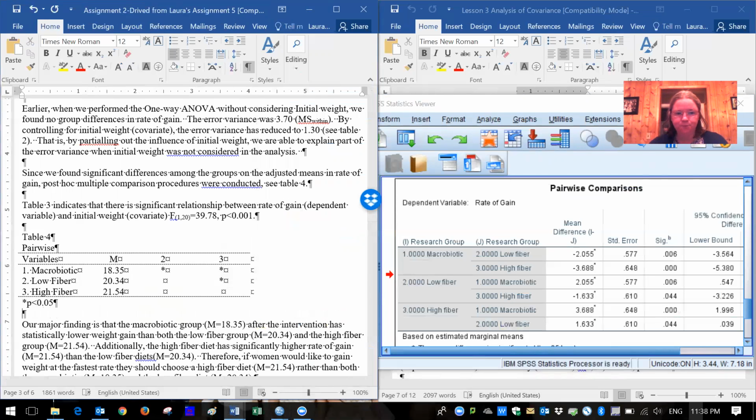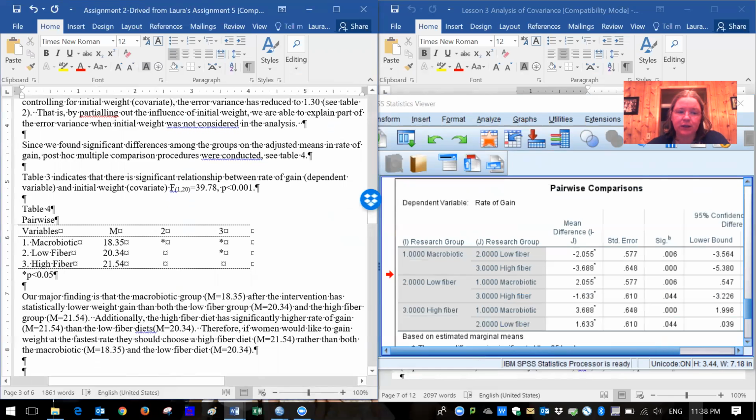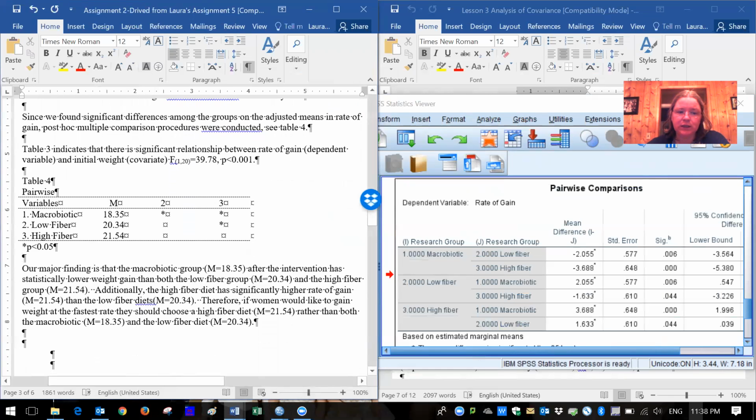And so now we can talk about our major findings. Our major finding is that the microbiotic group after the intervention has statistically lower weight gain than both the low fiber and the high fiber groups. Now notice I put in the means here to indicate to the reader what the means were for each of those groups.